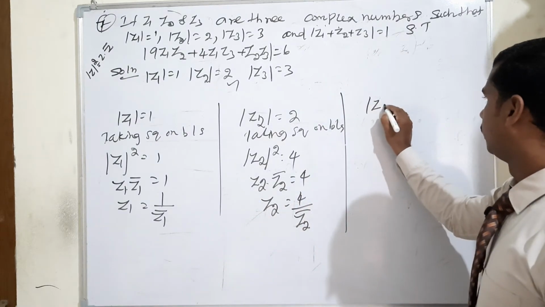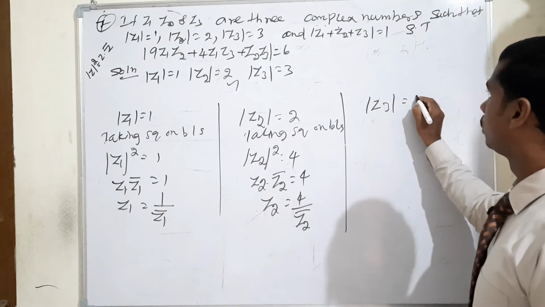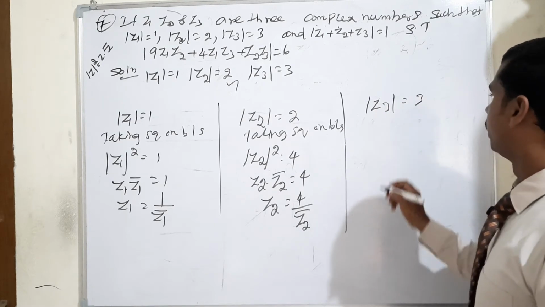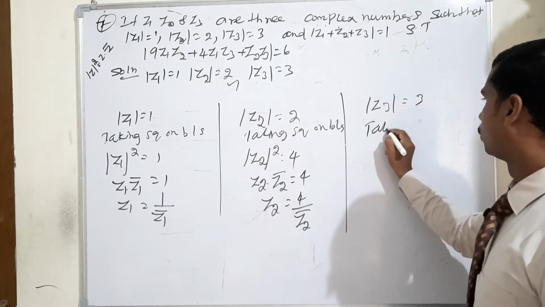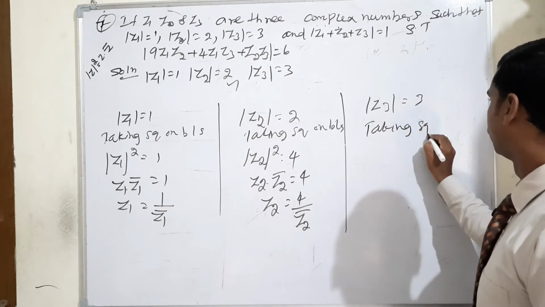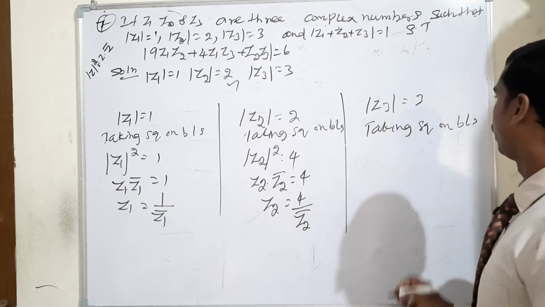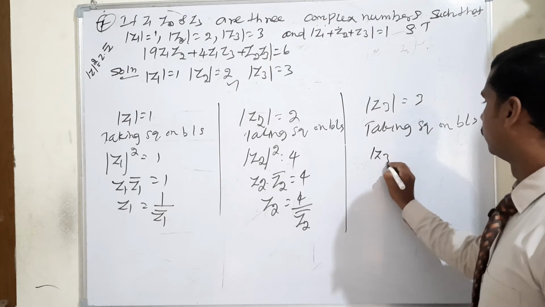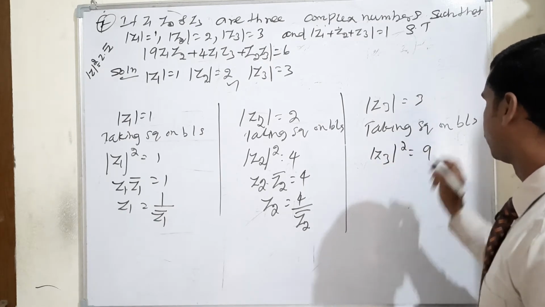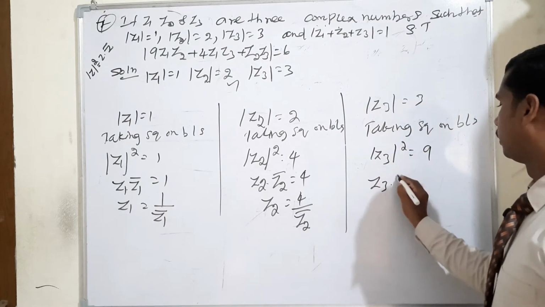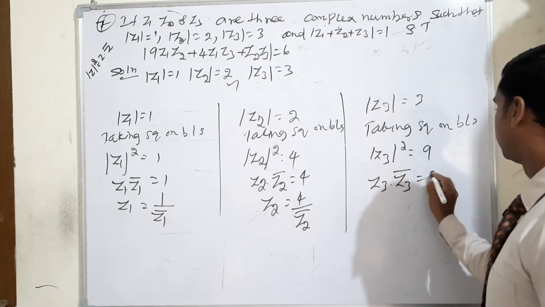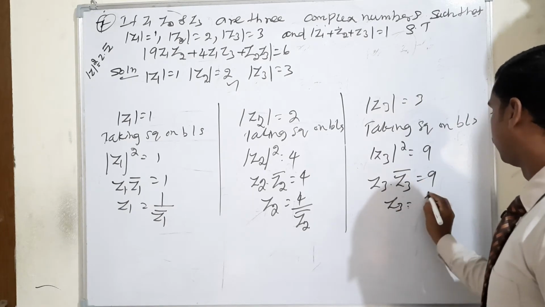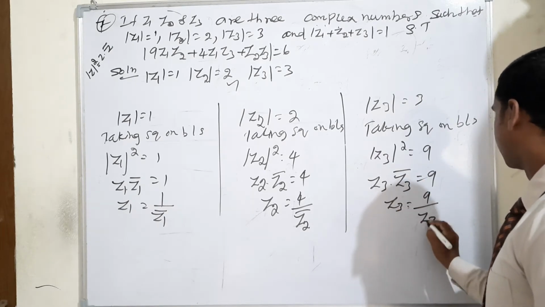Next condition, modulus of Z3 is equal to 3. Taking square on both sides, modulus of Z3 square is equal to 9, which means Z3 into Z3 bar is equal to 9. Therefore Z3 is equal to 9 by Z3 bar.